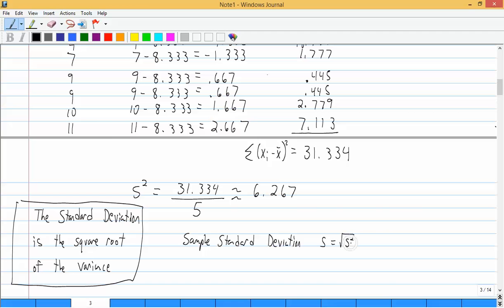So if you find the variance and you take the square root of it, you get the sample standard deviation. Alright, and if you wanted to write down the formula, you'll notice it's the same formula, it's just under a square root symbol.